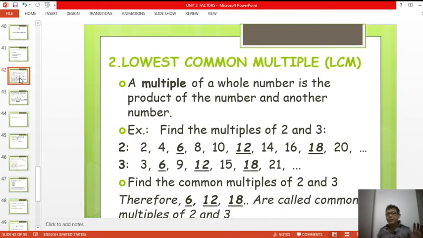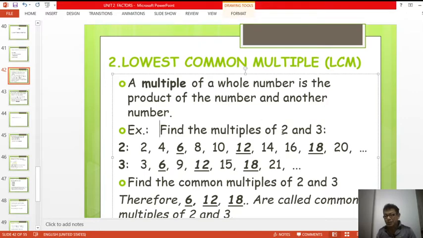This time, we try to concentrate first on how to find the multiples of a number using listing. The first thing you have to do is write the problem. So that you'll understand better, we'll put it in numbers. The problem is: find the multiples of 2 and 3.